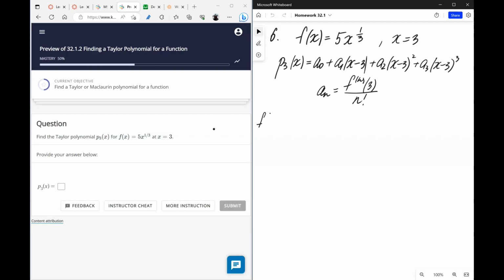The first one we find by simply plugging in 3 for this function.